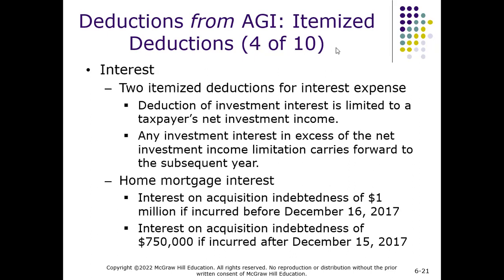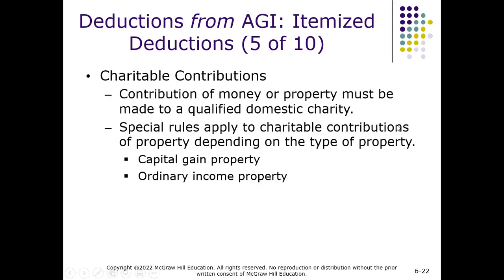And that lowers to $750,000 if the mortgage was incurred after December 15th, 2017. Or I'm sorry, it's when the mortgage was incurred. So they're limiting the amount of mortgage interest, but it is allowed as an itemized deduction.